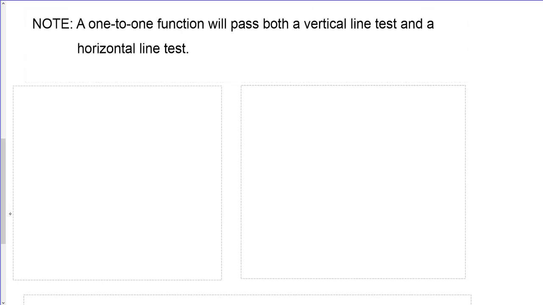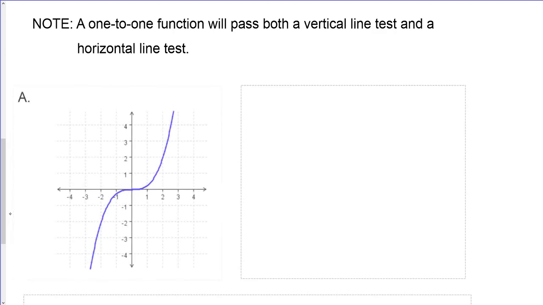Now the bubble charts are nice to help understand, but when it comes to actually working problems through, they're not necessarily the most usable. So one thing that will help us is that a one-to-one function will pass both a vertical line test and a horizontal line test. So for instance, let's look at this graph.